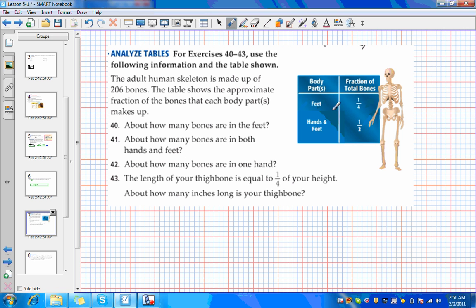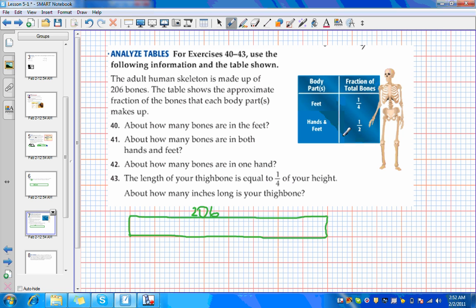So the feet have about 1/4 of the bones, so we can make a bar model for that. Very simple. You could probably just do this without it. But I do want you to get comfortable with the bar model, okay? Doing the bar model with simple problems like this will help you understand it so you can apply it to the more difficult and challenging problems. So then this total is 206.